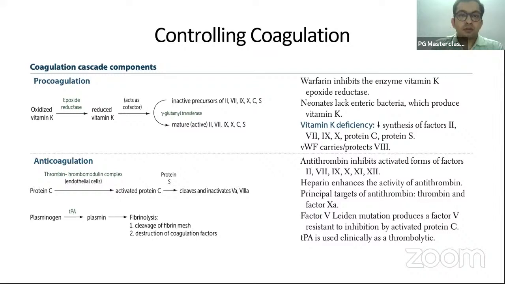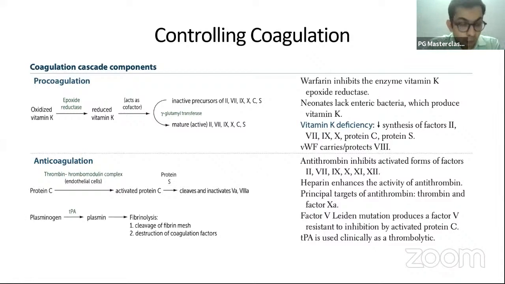Now, controlling coagulation, there are basically two cascades: procoagulants and anticoagulants. Anticoagulants, as I just discussed, would be protein C and protein S, which cause inactivation of factor 5A and 8A. The second one would be plasminogen, which is converted into plasmin by tissue plasminogen activator, TPA, which causes fibrinolysis, that is the cleavage of the fibrin mesh.